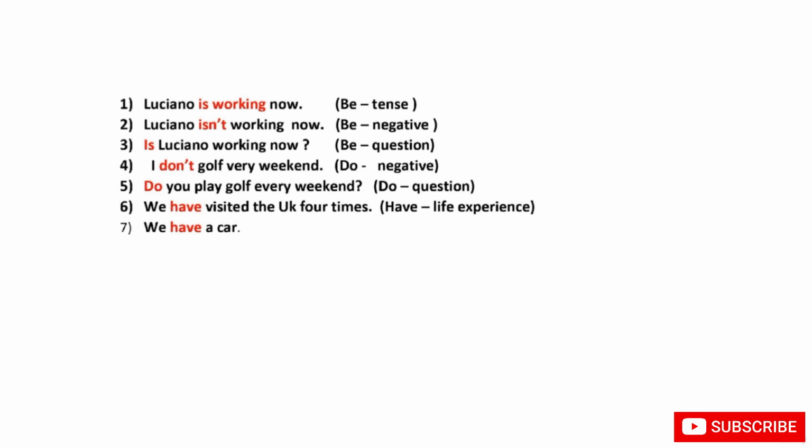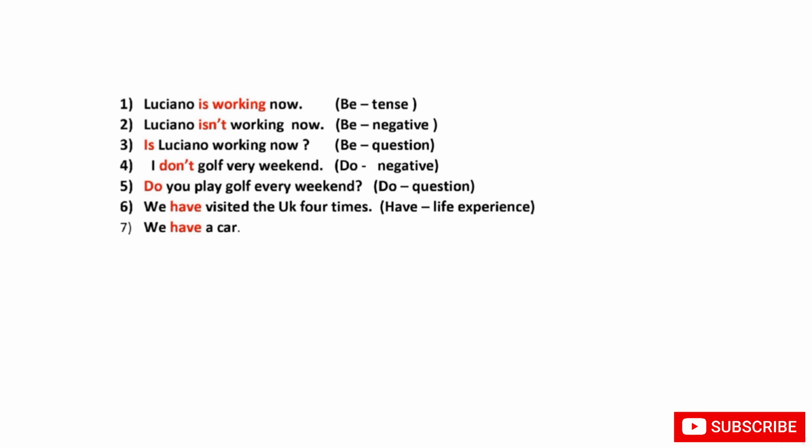Okay, so that's how be, do, and have are used as helping verbs. But take a look at this next sentence. We have a car. Now, both of these sentences use the verb have. But do you notice a difference between them? The difference is that the first sentence uses have as a helping verb, but the second sentence uses have as the main verb.